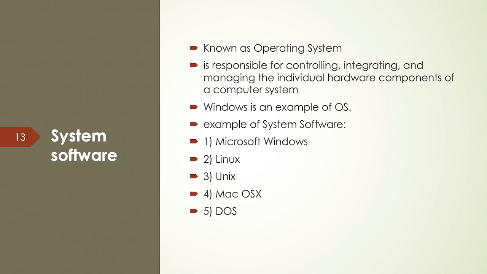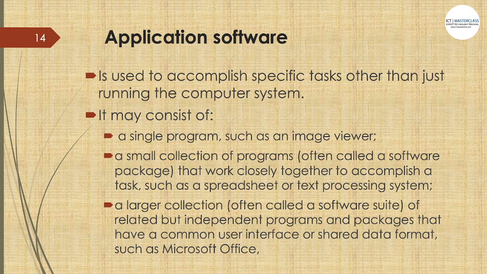Then in the case of Mac, you have different versions, Mojave and other versions of Mac. Those are variants of the Mac operating system, not types. So we proceed. We've talked about application softwares that are used to accomplish specific tasks other than just running the computer system.